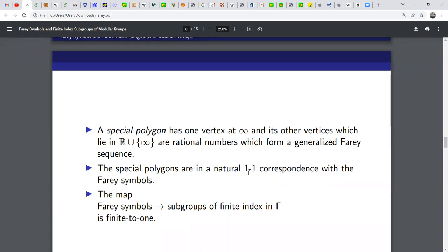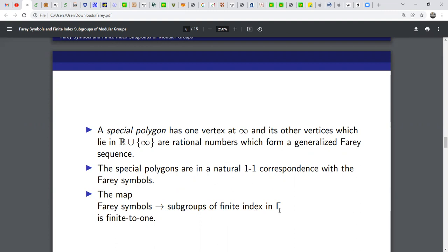The special polygons under consideration are in natural correspondence, natural meaning here compatible with the group of isometries of the Poincare upper half plane. That is a one-to-one correspondence with Farey symbols. So each Farey symbol determines a special polygon and vice versa. The map going from a Farey symbol to a subgroup of finite index in gamma is finite to 1.